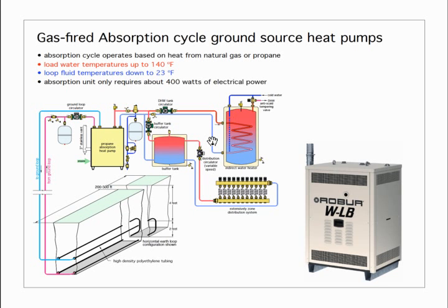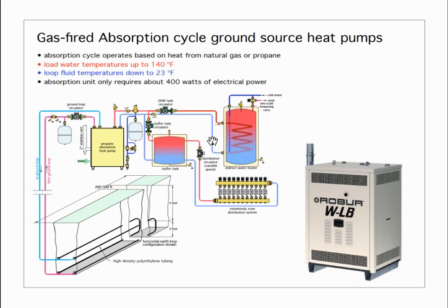They have some impressive performance characteristics, and they can be tied in with earth loops using essentially the same type of technology we've talked about. These are actually capable of some pretty high temperatures, 140 degrees Fahrenheit, and they can operate with earth loops down to 23 degrees Fahrenheit. So they actually have a slightly wider range than the vapor compression heat pumps.